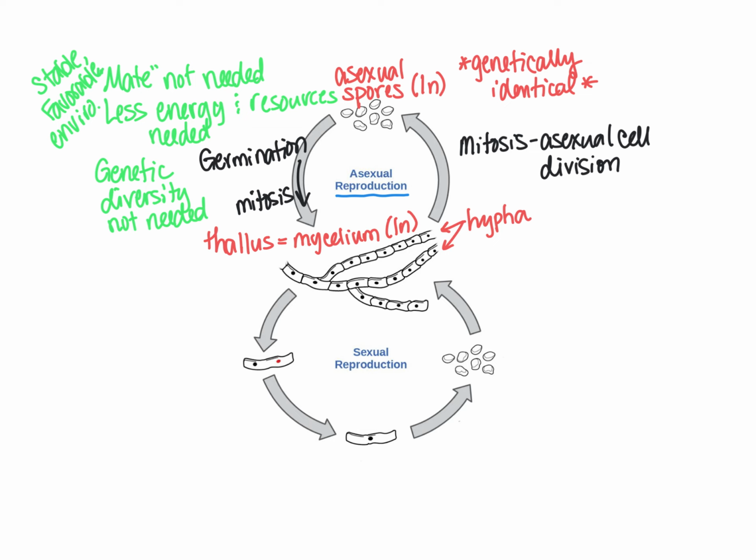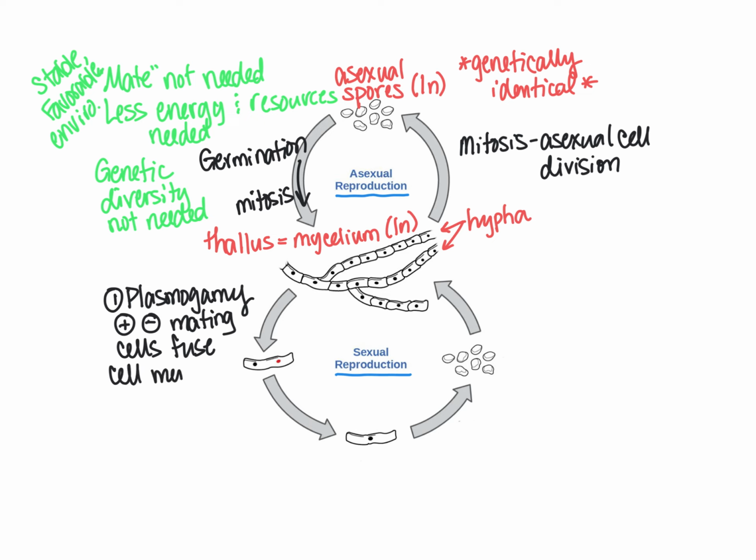Now, when the fungus goes through sexual reproduction, we have some more steps that occur. So the first step is going to be plasmogamy. And this is where you have cells from positive and negative mating types fuse their cell membrane and cytoplasm.